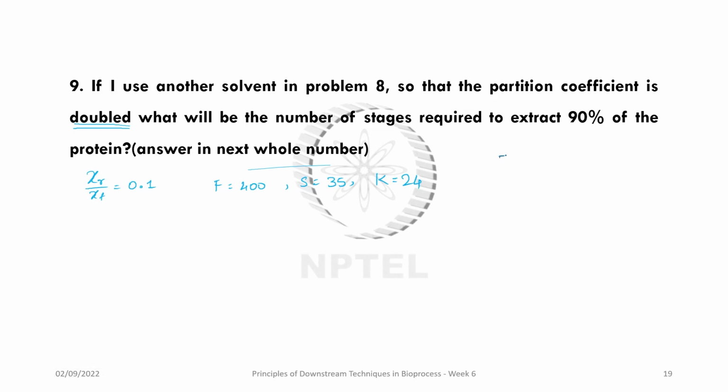So E is equal to SK by F, which is 35 into 24 divided by 400. What is that? 2.1. So last time we had 1.05. This is 2.1.